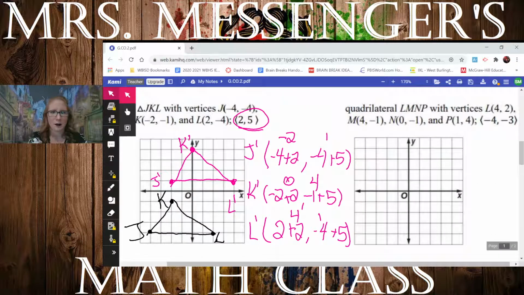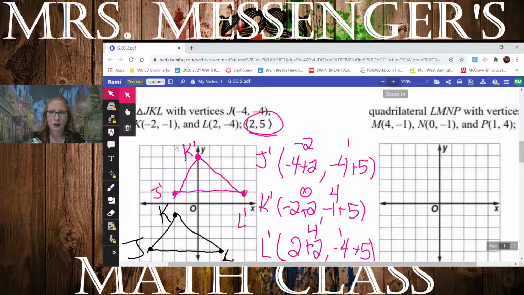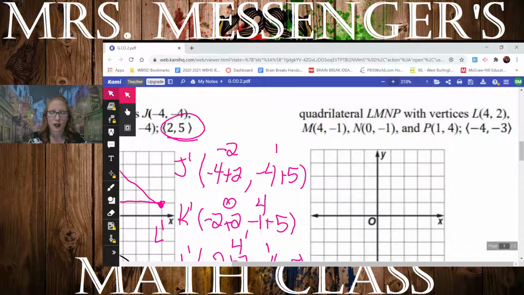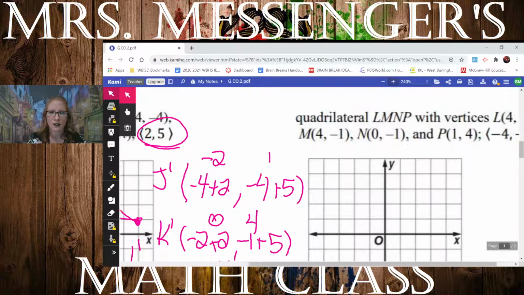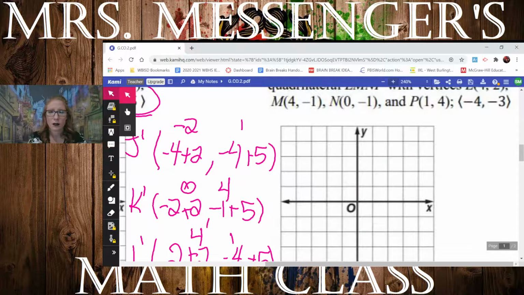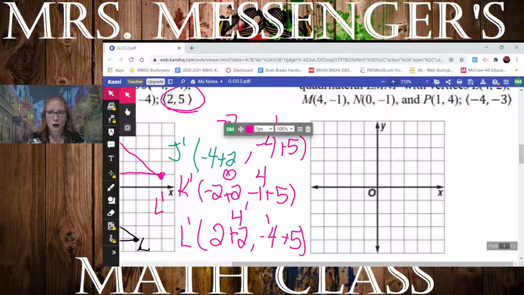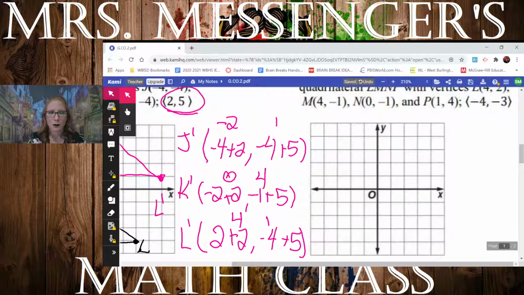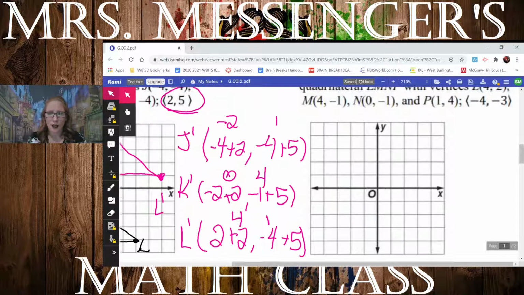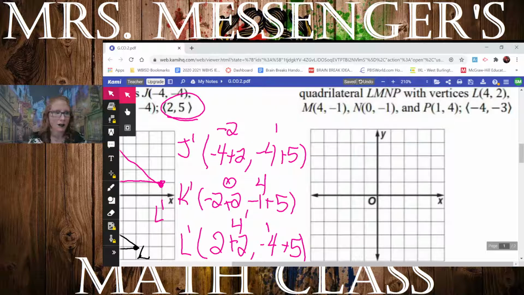All right, let's do another example. I'm going to zoom in so I can have that stuff off to the side a little bit. Okay, so let's go ahead and create our first part, which is the pre-image.